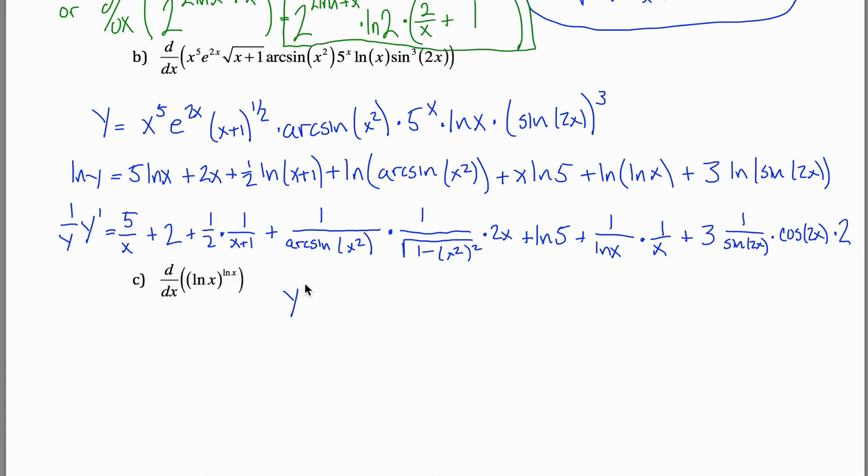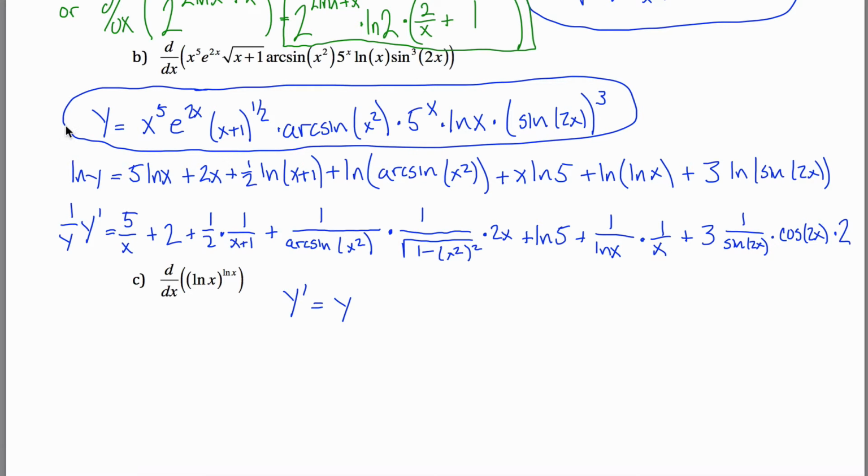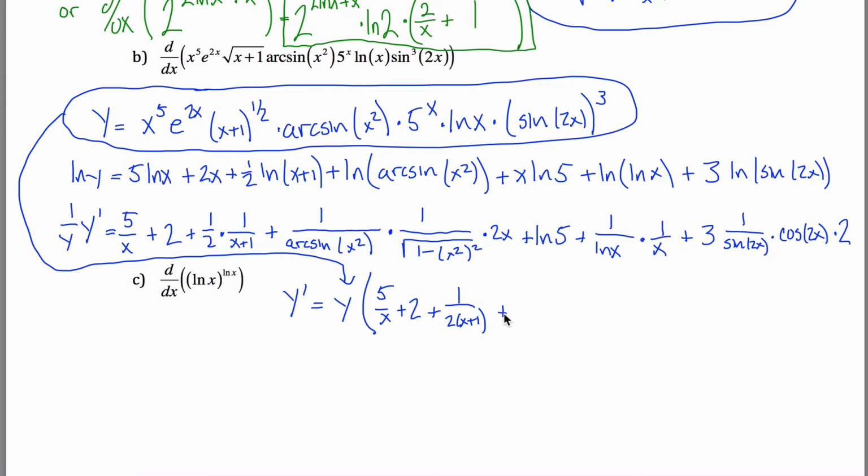So your answer, y prime, is equal to y, which I'll be lazy, I'll say it's all this stuff, times all this stuff, which I won't be quite as lazy. I'll rewrite that. 5 over x plus 2 plus 1 over 2 times x plus 1 plus, let's see, 2x divided by arc sine of x squared times the square root of 1 minus x to the 4th.